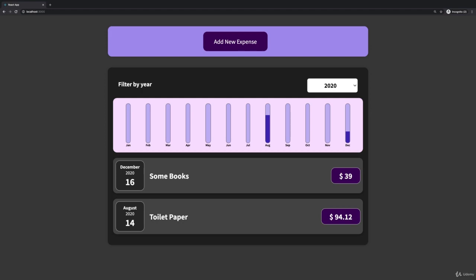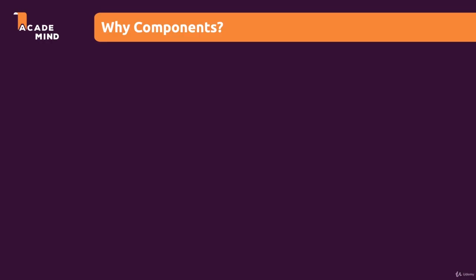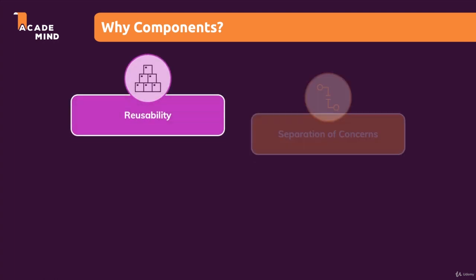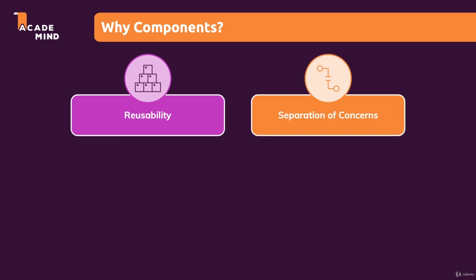And React embraces this concept of components because of that reusability aspect and because it allows us to separate our concerns. Both concepts are important concepts in programming in general. Having reusable building blocks helps us avoid repetition. And in programming in general, it is good if we don't repeat ourselves.